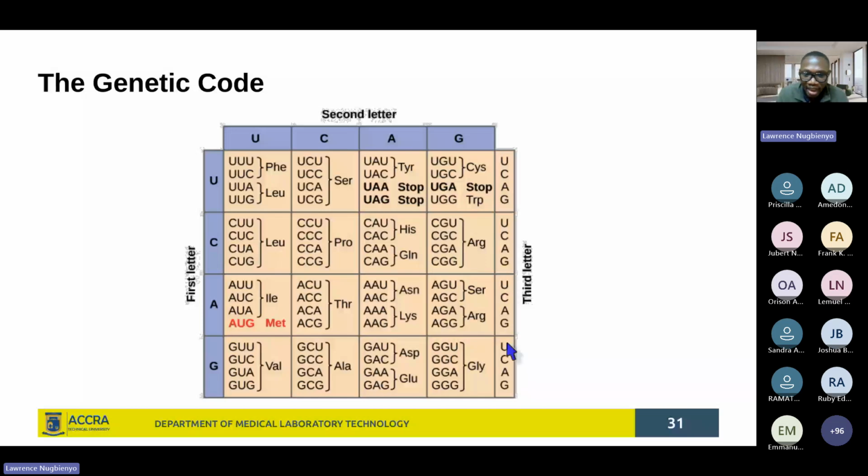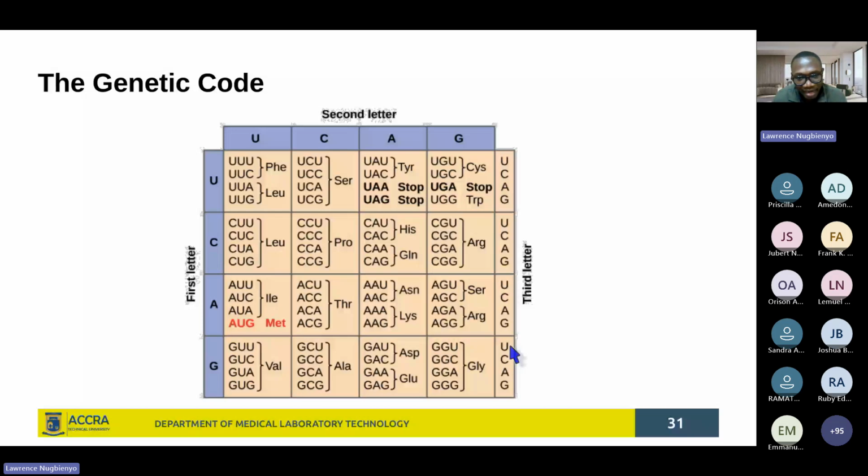Like you have a sequence of nucleotides and you want to determine the amino acid sequence that can be synthesized from that RNA molecule, that's messenger RNA. So you first of all know that the genetic code is in triplets.